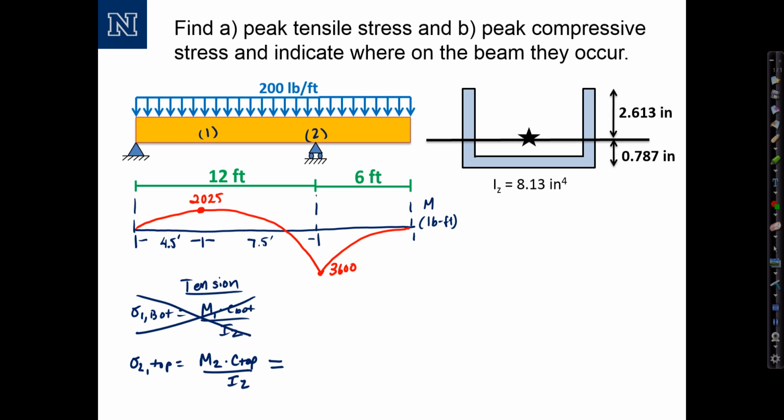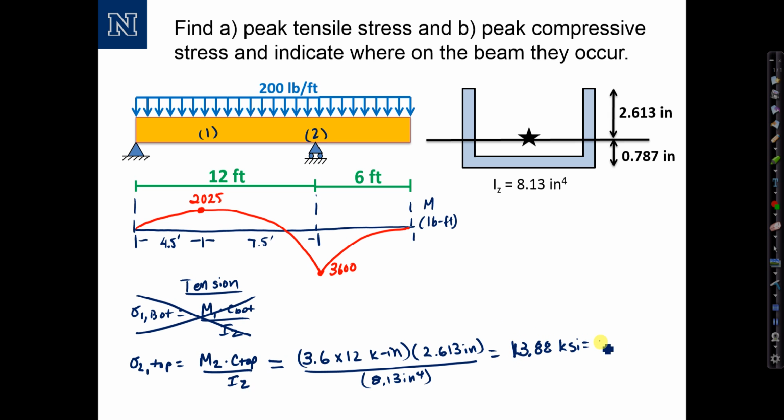We'll just compute sigma 2 top equals M2, 3,600 pound-feet, which we convert to 3.6 times 12 kip-inches, times the value of C top, 2.613 inches, divided by IZ, 8.13 inches to the fourth, and that computes to 13.88 KSI. That's our sigma max, or maximum tensile stress, and that occurs at location 2 at the top of the section.